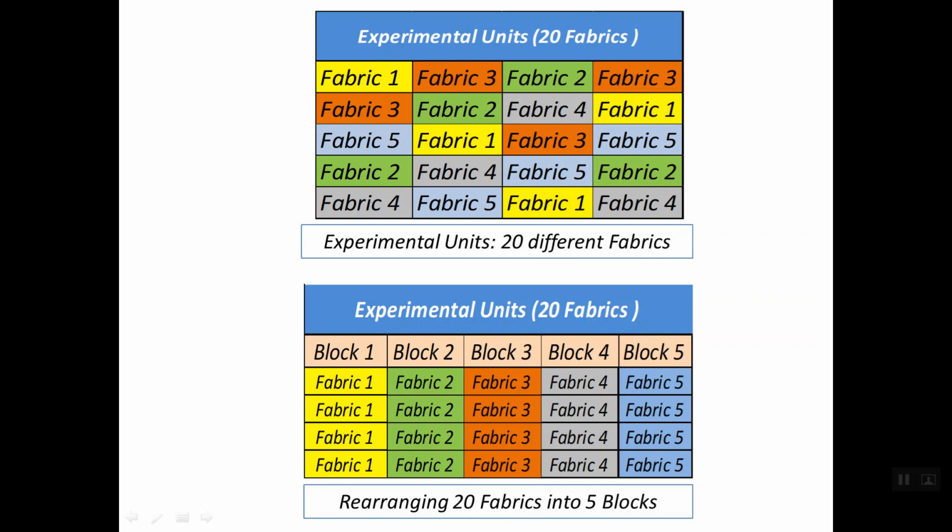So the purpose of rearranging the experimental units into blocks is simply to reduce the variability of the error by reducing the variability inside the blocks.